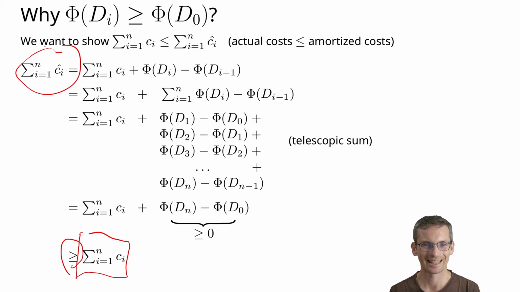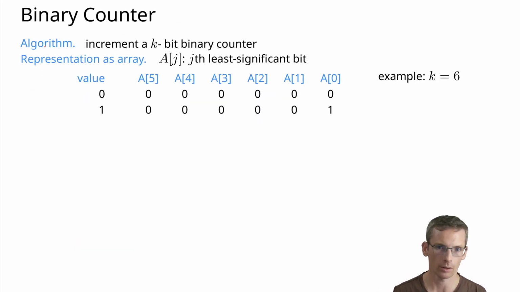Let's see that by a different example, namely the binary counter. So, quick reminder, what's a binary counter? We have a k-bit binary counter. We represent the numbers in binary. So 0 is simply zeros, 1 has the least significant bit 1 here, and everything else is 0.